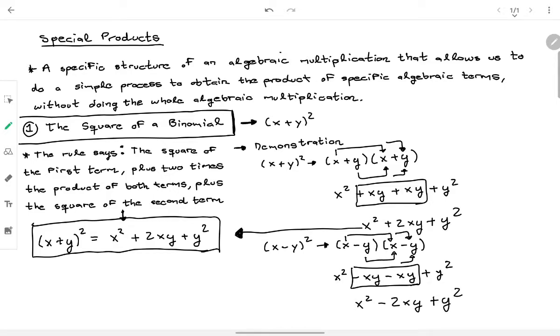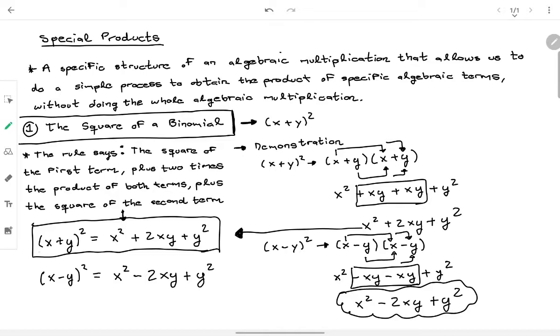So we saw that if we got one positive and one negative, x minus y squared, the rule will be the first one squared minus 2 times xy plus y squared. So we can apply both of the rules if we get a positive or a negative one.